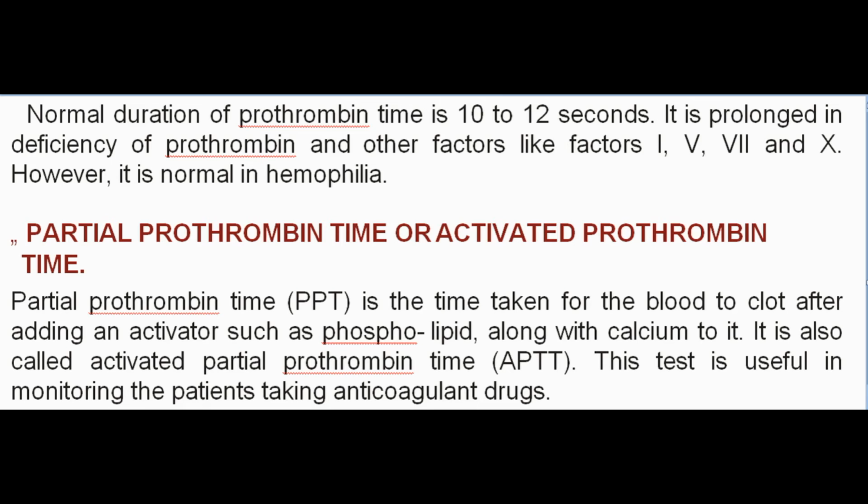Partial prothrombin time or activated prothrombin time. Partial prothrombin time, PPT, is the time taken for the blood to clot after adding an activator such as phospholipid, along with calcium to it. It is also called activated partial prothrombin time, APTT. This test is useful in monitoring the patients taking anticoagulant drugs.